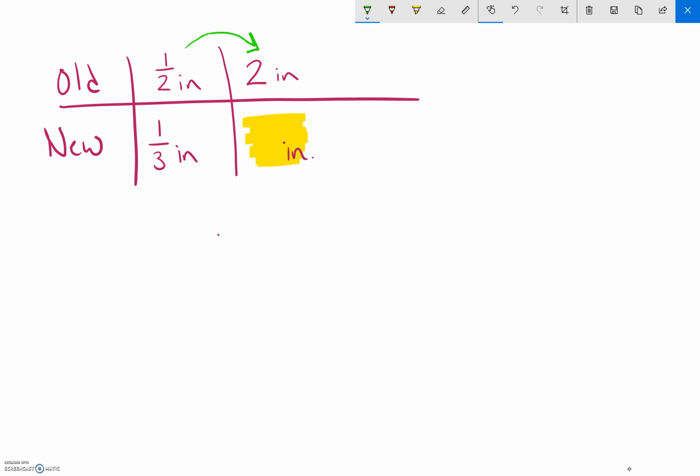And you can ask yourself, what do you multiply 1/2 by to get 2? That's 1/2. How many of those would I need to have 2 whole?